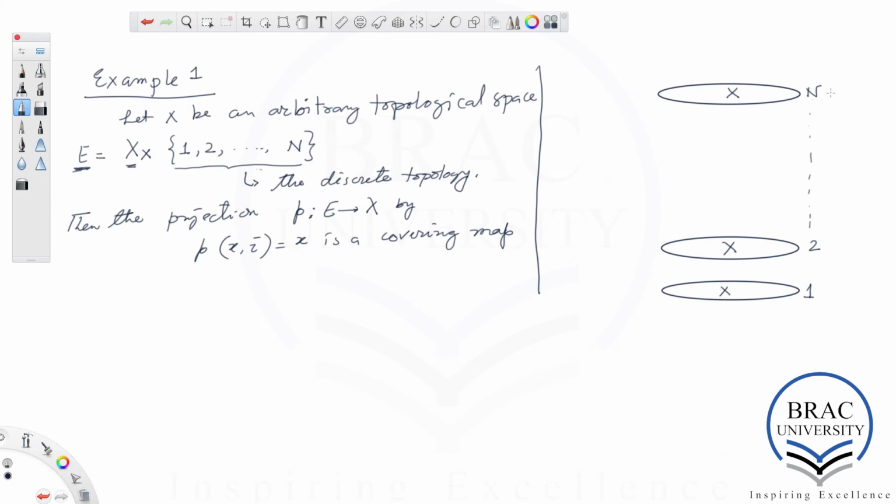Okay, alright, so let me draw a straight line now. These are the n copies, and then I need the base space, right?